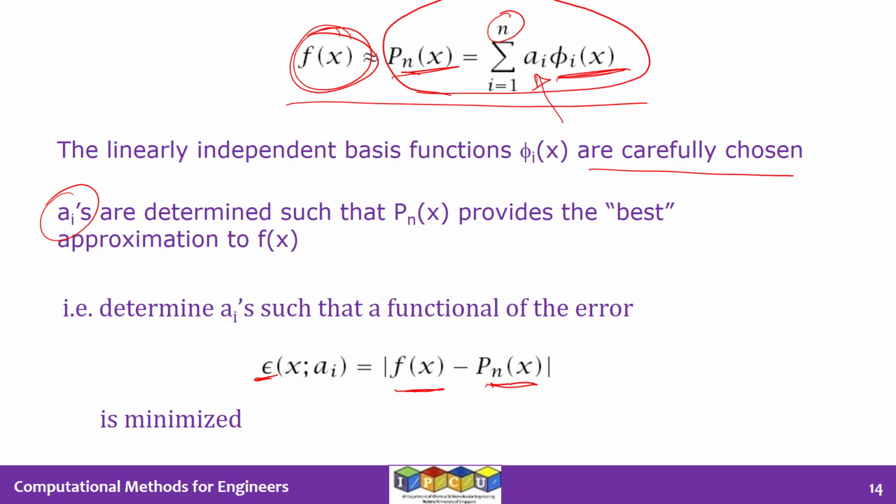This is the true function. This is its functional approximation. You want the gap between them to be as small as possible. So once you have fixed n, you can now use ai as the decision variables to make this gap between the true function and the functional approximation as small as possible.